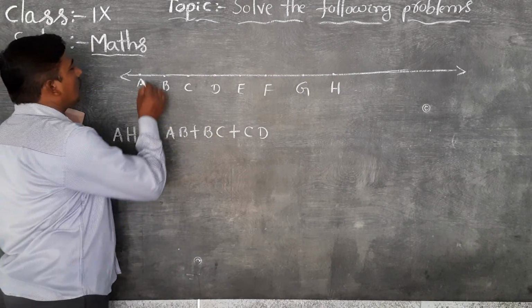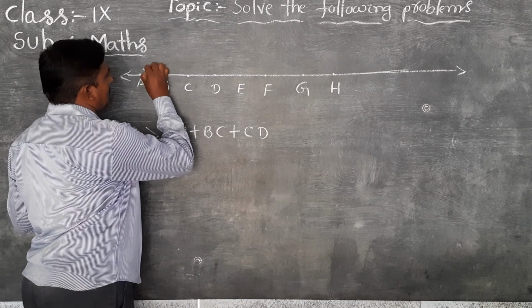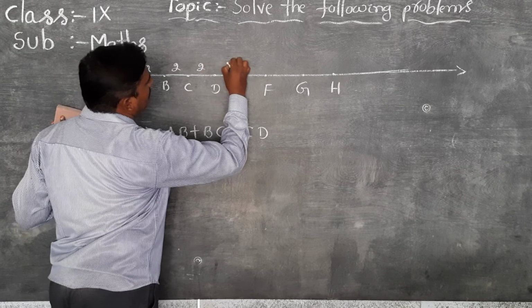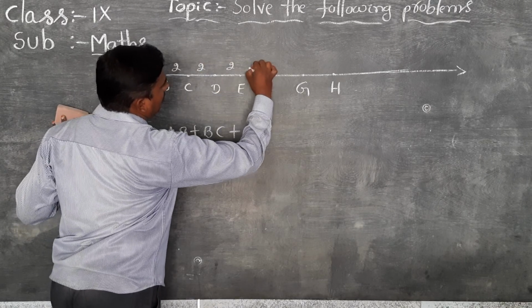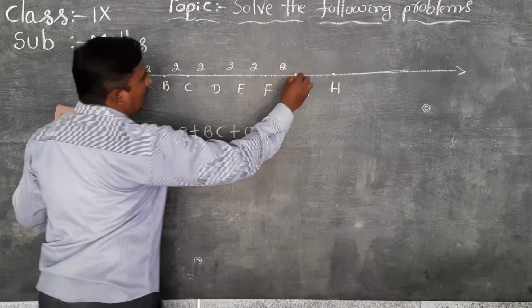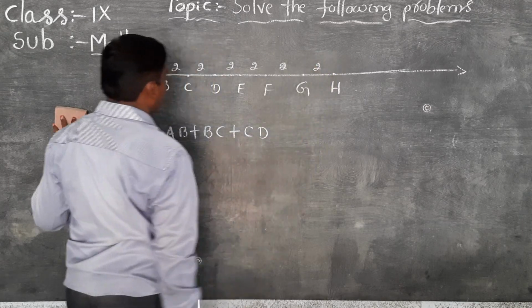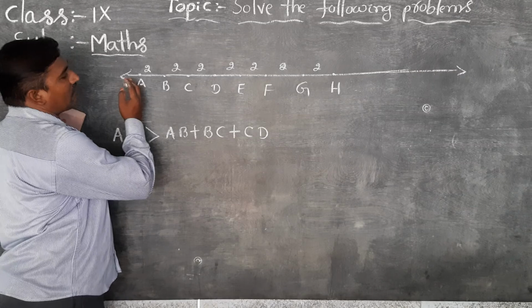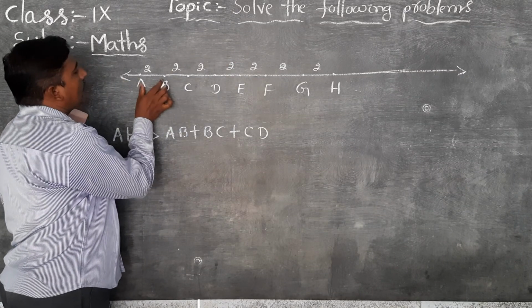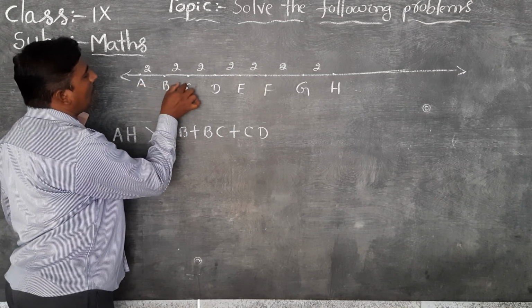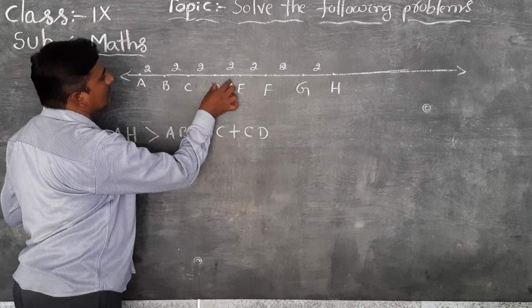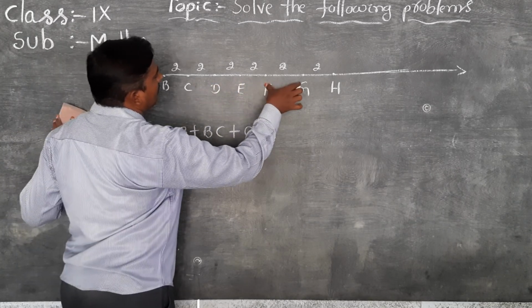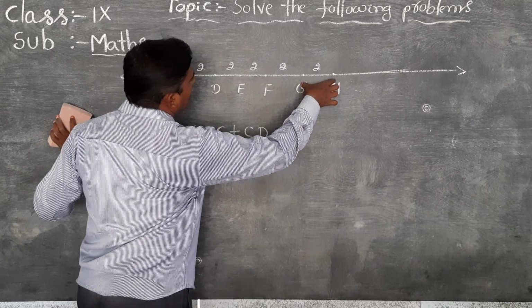Here we are taking all segments as 2 centimeters. This is 2 centimeters. In this, the AH value total from A to H is 2, 4, 6, 8, 10, 12, 14.